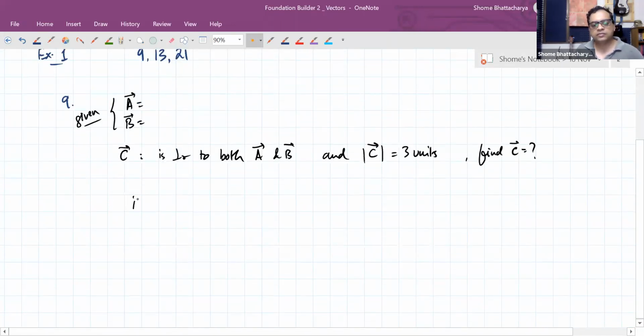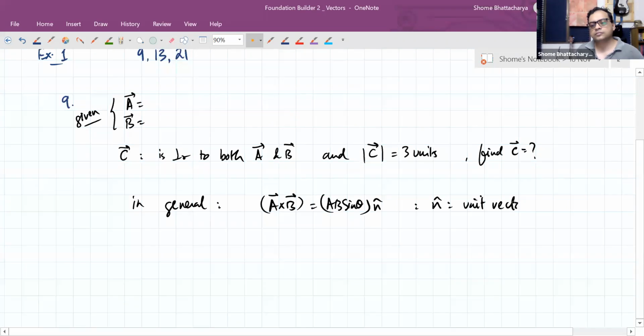In general, when we have a question like this, you know that A cross B is equal to AB sine theta n cap, where n cap is the unit vector perpendicular to A and B both.